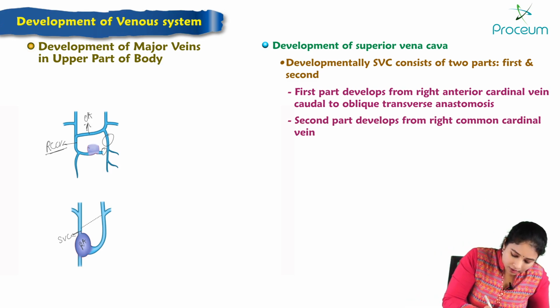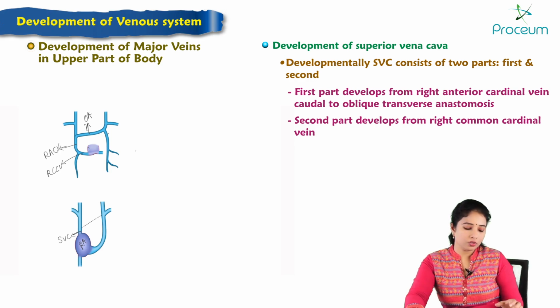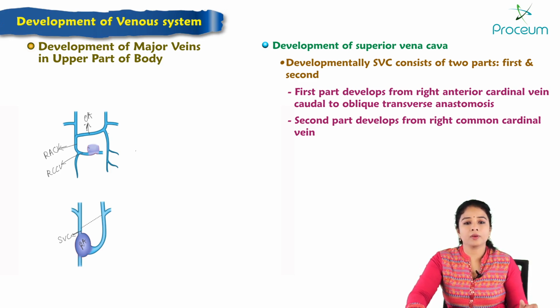So this is the right common cardinal vein. This is the right anterior cardinal vein. So these are the two sources which give rise to the superior vena cava.